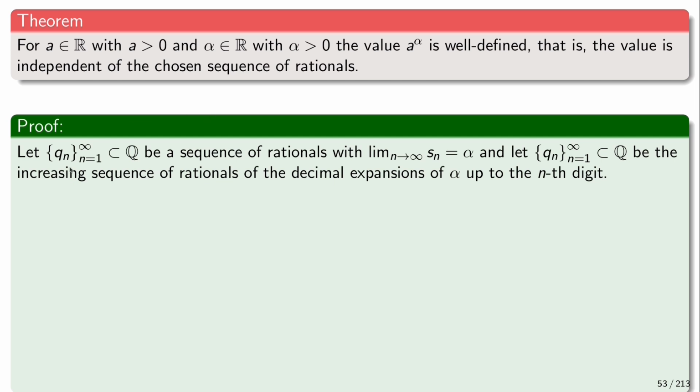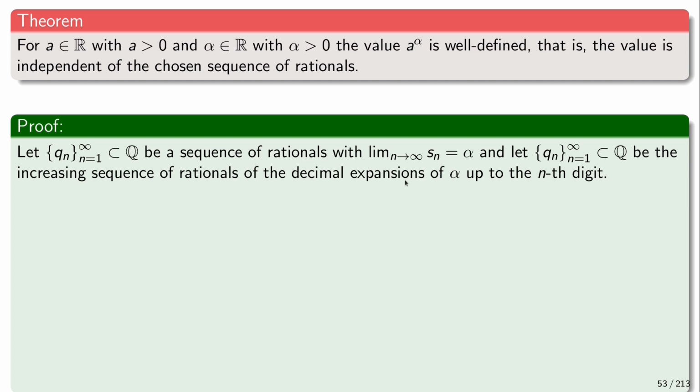Okay, so let's start the proof. Whenever we have a sequence Qn of rational numbers that converges to alpha, we'll pick another sequence of rationals, a monotonically increasing sequence that converges to alpha. Basically, we can choose the decimal expansion of alpha up to the nth place.